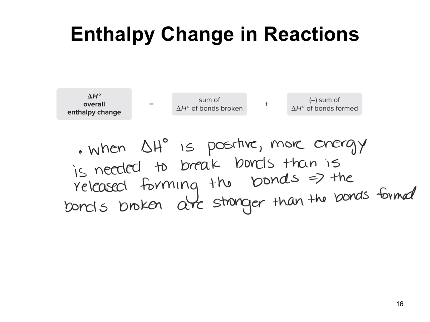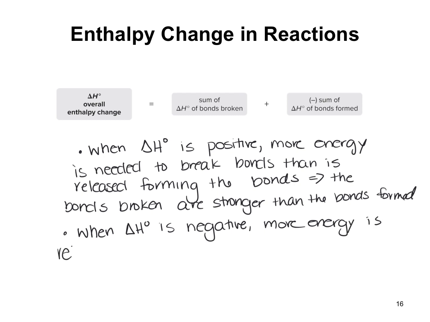Okay. Now, let's look at what happens when we look at the inverse, or the opposite. When delta H naught is negative, right, more energy is released forming bonds than is needed to break the bonds.